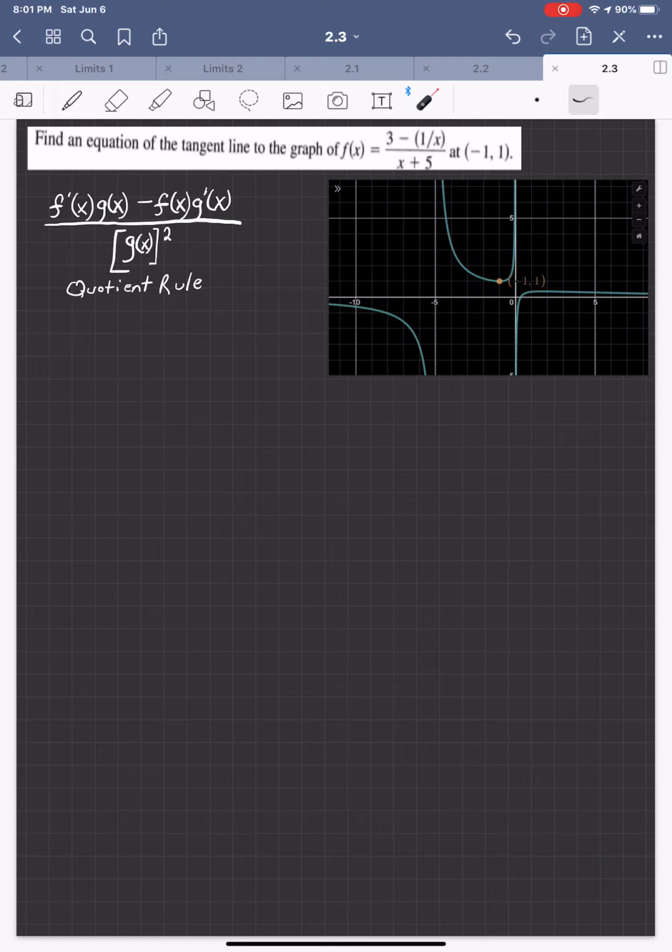Again, let's read it in its entirety. There is that phrase, equation of a tangent line. So really quickly, just to yourself, if you can recall from the previous video, when I mentioned the association, when you read equation of tangent line, your answer should be in what form?